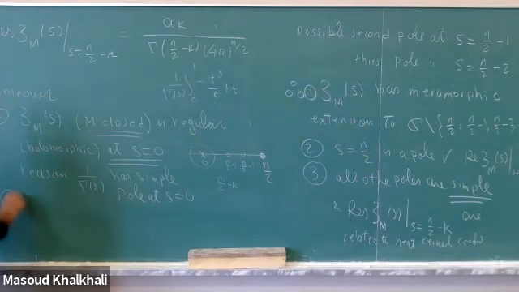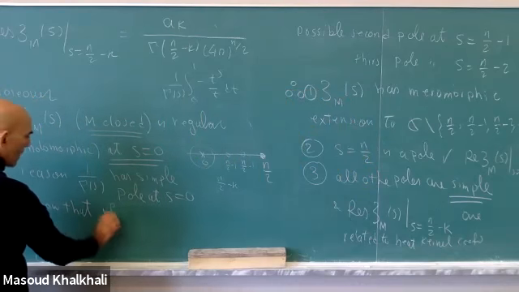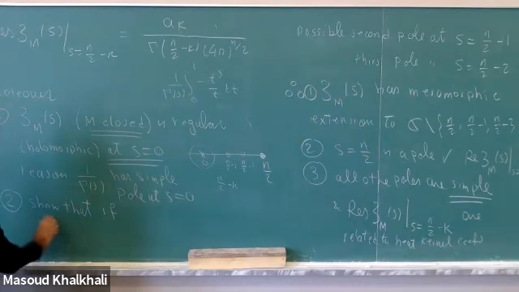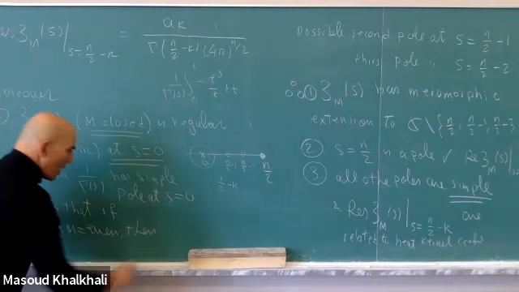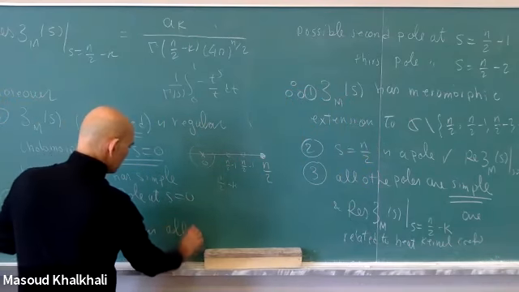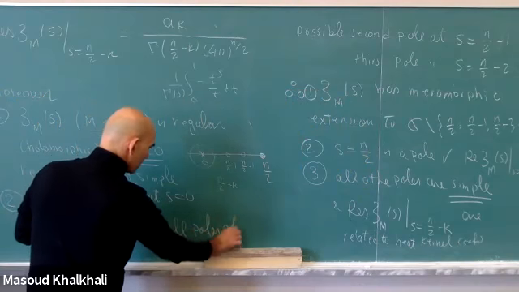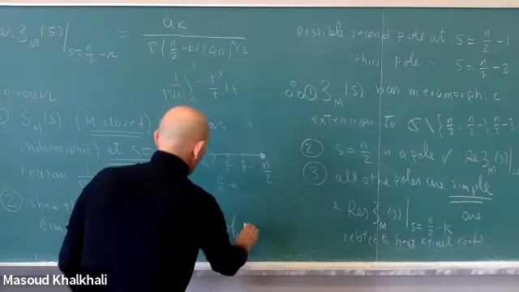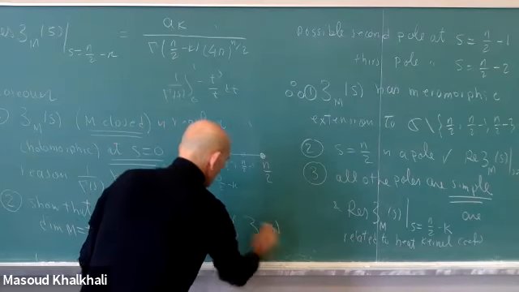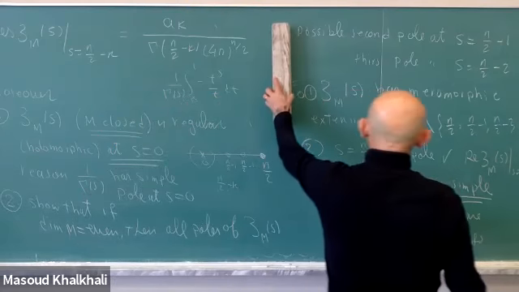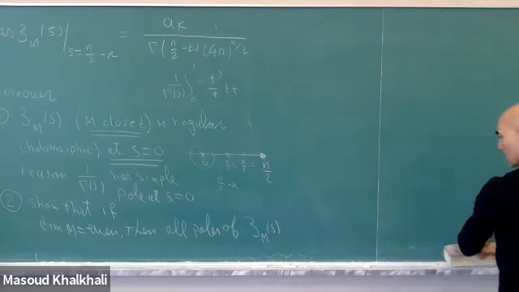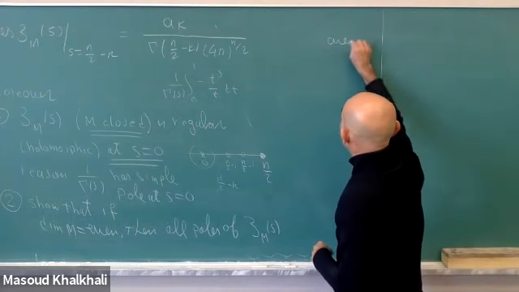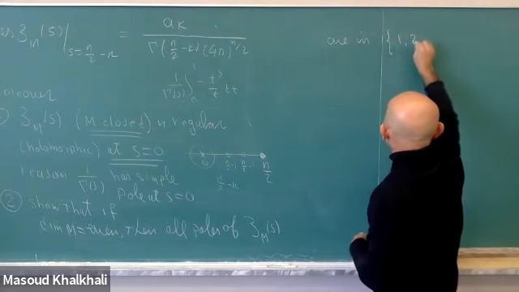Show that if the dimension of M is even, then all poles of the spectral zeta function are in this interval 1, 2, up to n over 2.